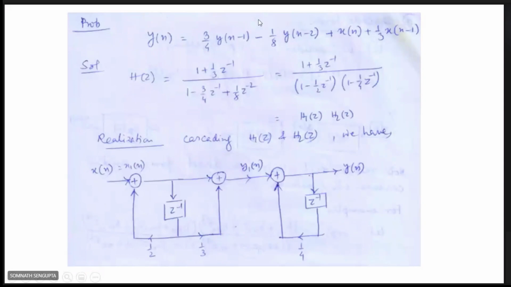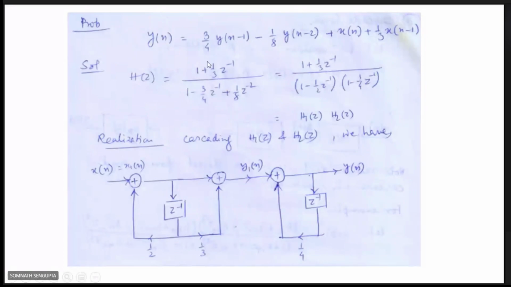If there is a delay element in the output, then it is obviously an IIR system. If it consists of only past and present inputs, then it is called FIR. If only xn minus 1 is there, then it is FIR, that means only zeros, only numerator, no denominator. In the case of IIR, both numerator and denominator will be there in the transfer function.